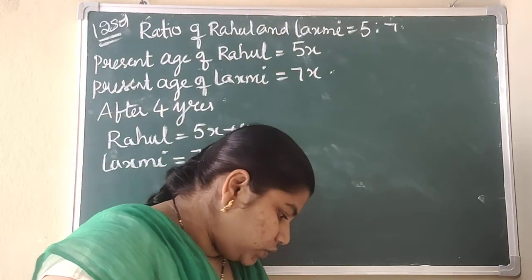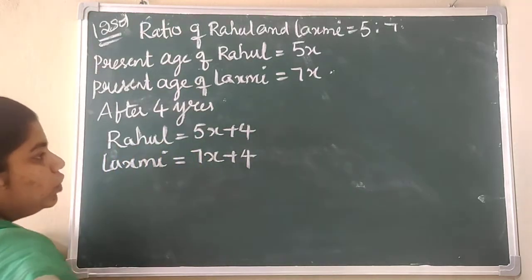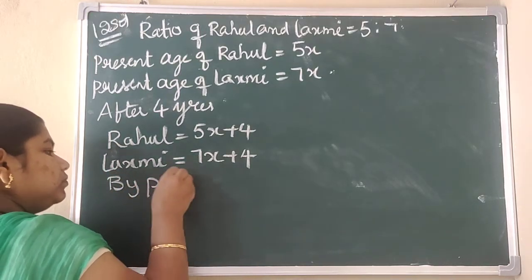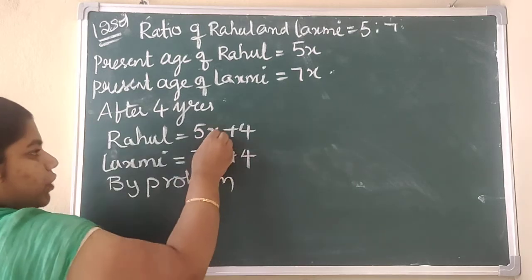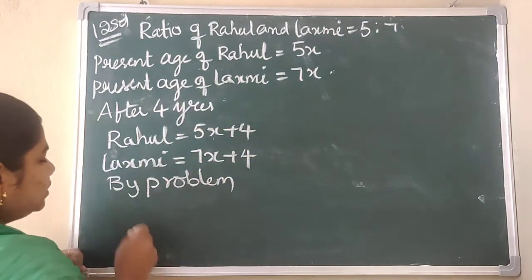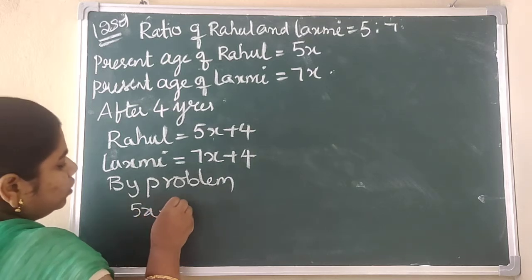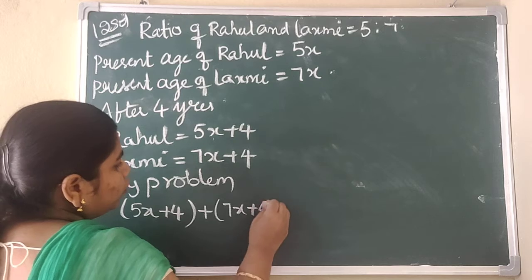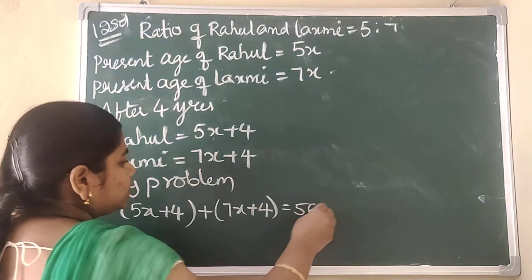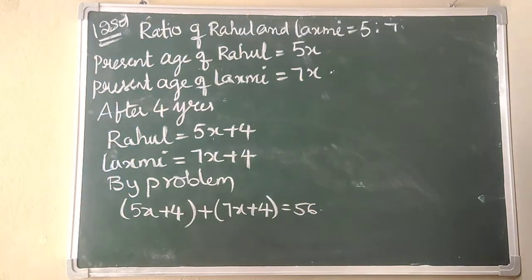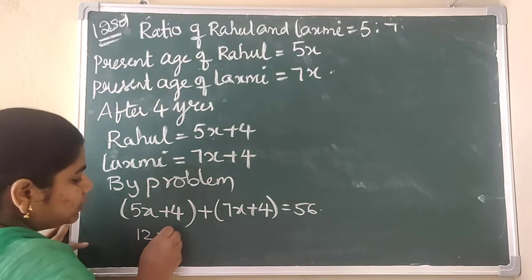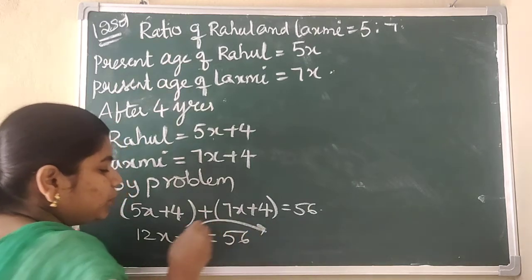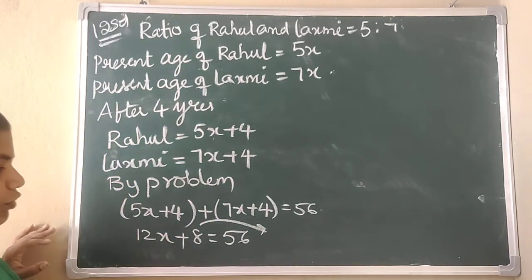By the problem, if you add these two, that will be equal to 56. So 5x plus 4 plus 7x plus 4 is equal to 56. Now 5 plus 7 is 12, so 12x plus 4 plus 4 is 8, equal to 56. Transposing plus 8 to the other side converts it to minus.